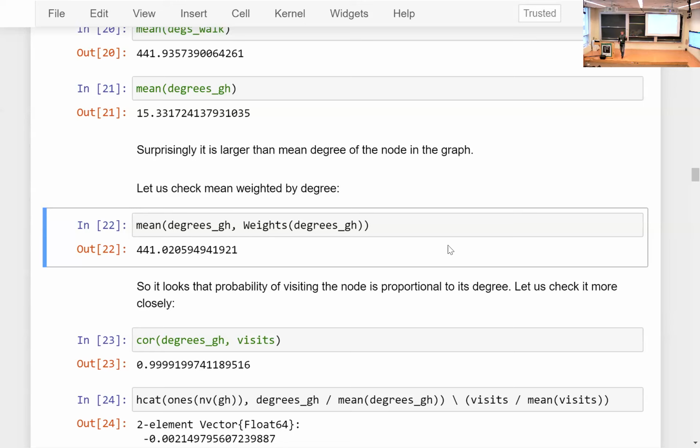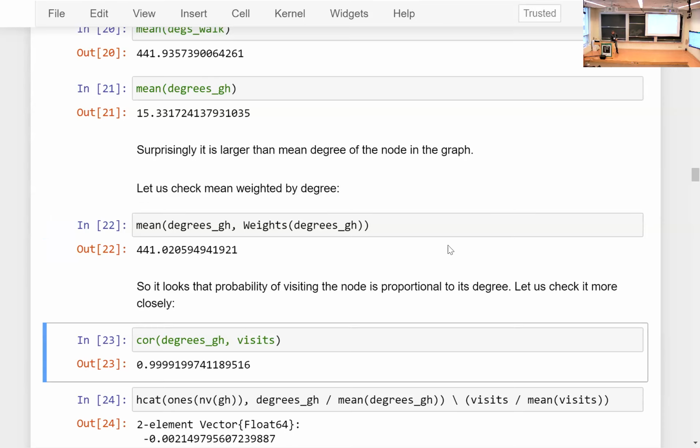But if I see that it works as taking a weighted mean, maybe it means that I am visiting those nodes with probabilities proportional to their degree, which we can check because I have this second visits vector, so I know how many times I have visited a single node. So I could check whether those degrees and visits actually describe the same thing.